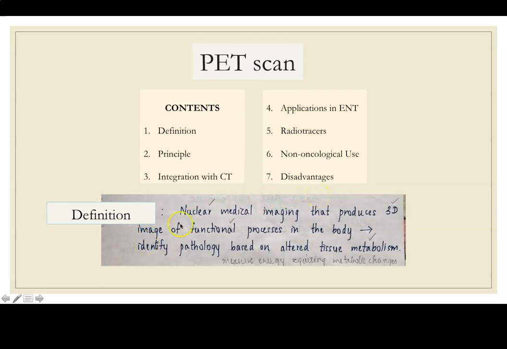Definition: PET scan is a nuclear medical imaging that produces a three-dimensional image of functional processes in the body. It identifies pathology based on altered tissue metabolism. It measures energy requiring metabolic changes.